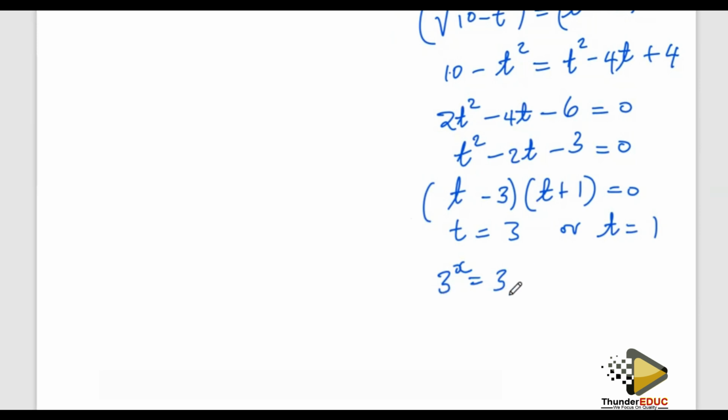In this case, the bases are the same, which means even the exponents have to be the same. X is a 1. Now, when you look at this, it's a negative. We have no scenario where we get a negative answer if we're dealing with exponents. So we shall say no solution, or you can just cross it out in that sort of format. So the only answer we have would be a positive 1.